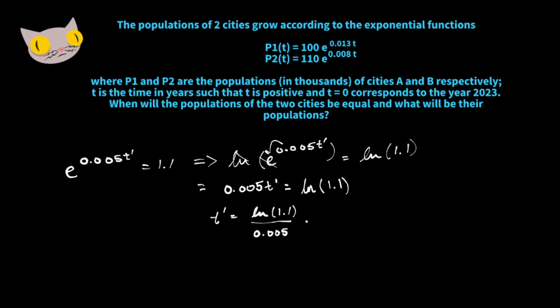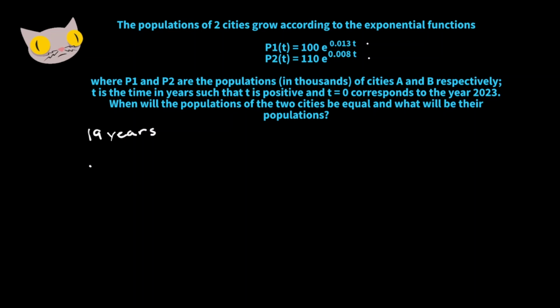And if we type that into a calculator, that gives us about 19. So 19 years. So in 19 years, the population of the two cities will be equal. So in 2042.